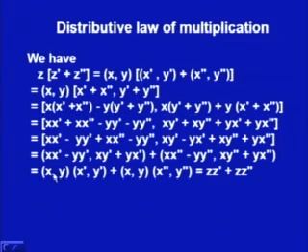The first product we can write (x, y), that is x plus i y, into (x', y'), that is x' plus i y', that is the product of the 2 complex numbers, and the second we can write the product of 2 complex numbers (x, y) and (x'', y''), that is x'' plus i y''. So, that will be equal to z z' plus z z''. So, the distributive law, z (z' plus z'') is equal to z z' plus z z''. This is the distributive law of multiplication of the complex numbers.